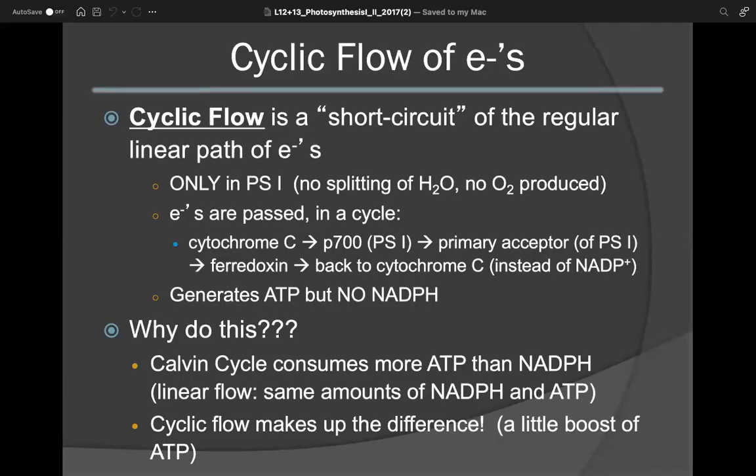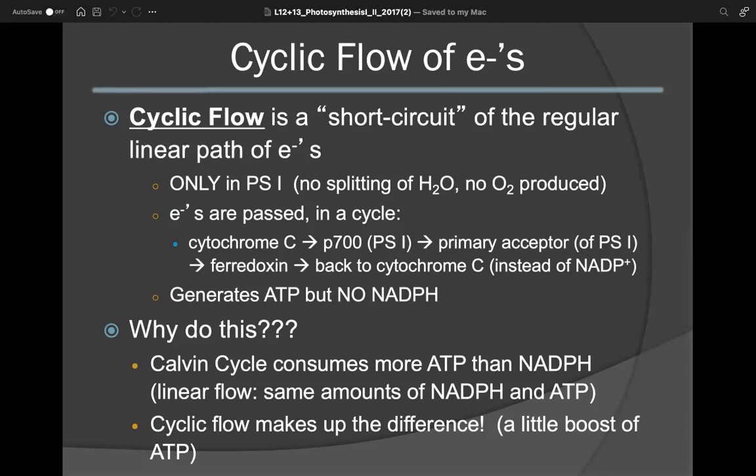So now we're going to start getting into some new stuff for the day. That was the linear flow of electrons. This is the cyclic flow of electrons. So cyclic flow is a short circuit, quote unquote, of the regular linear pathway of electrons. And this only happens in photosystem 1, where there's no splitting of water and no oxygen produced.